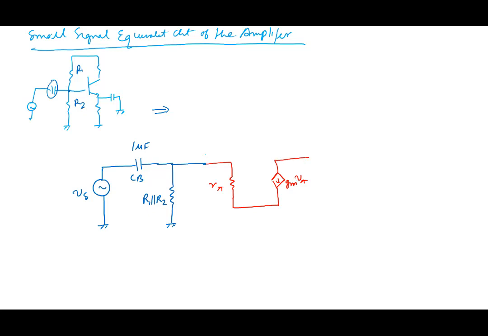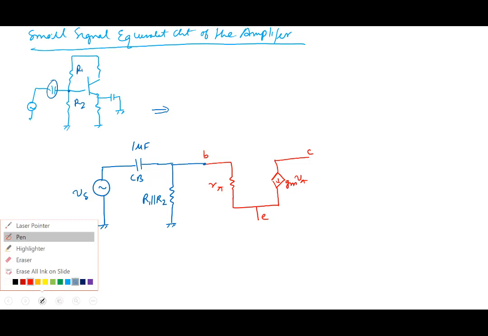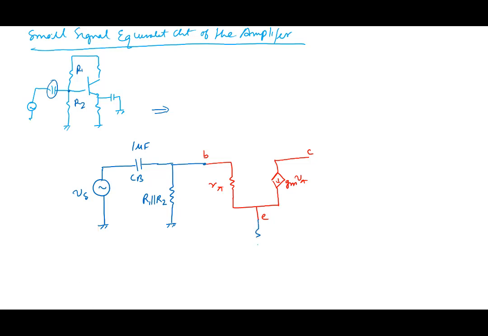So that's my transistor: base, collector, emitter, and then back to the rest of the circuit. We have to put here RE, the capacitor CE, and at the collector node the resistor RC to ground, and this is V0. Right, this is the complete small signal equivalent circuit of the amplifier.